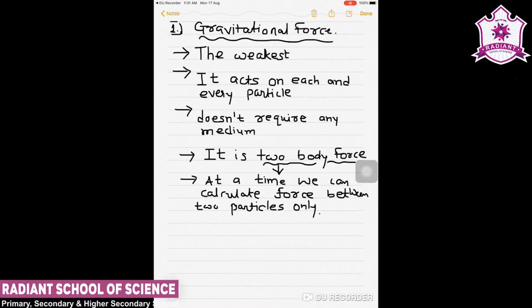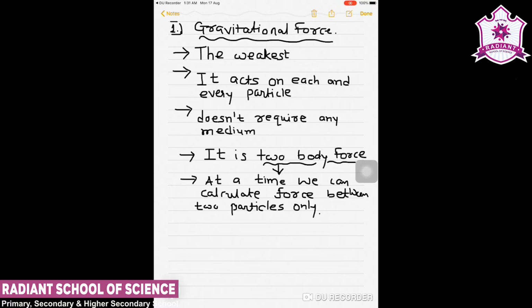So what does this mean? At a time, if we want to find out the force, we can calculate the force between two particles only, and then we have to sum up all the forces acting between the different particles.